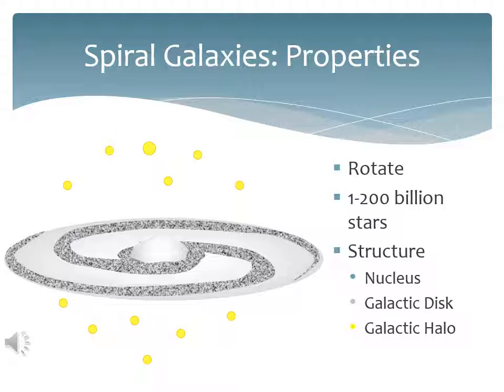In the center, you have a globular-shaped nucleus tightly packed with stars. Surrounding that, you've got a flat galactic disk made up of spiral arms of dust and gas. Then, surrounding that, galactic halo of globular clusters of old stars. We are about 2/3 the way out on one of the spiral arms.